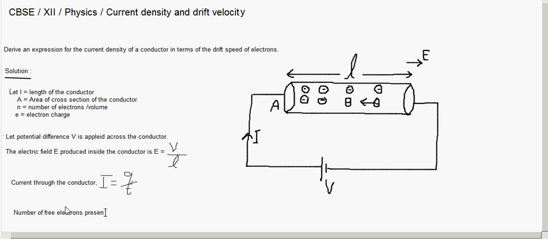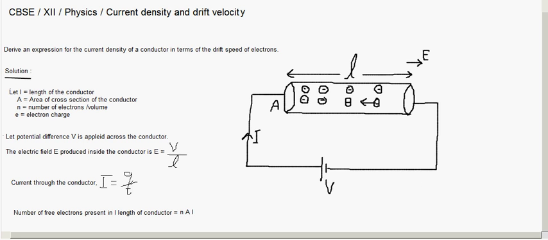We have assumed n is the number per volume, so n into volume, that is A into L, gives nAL.